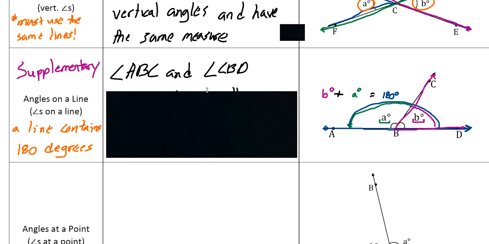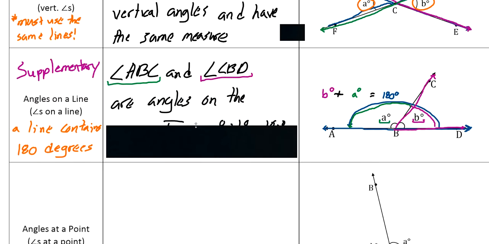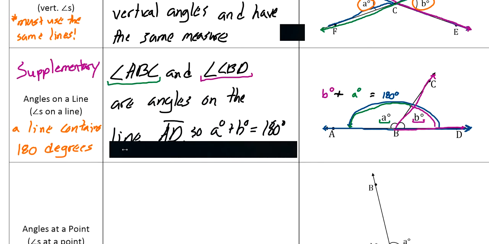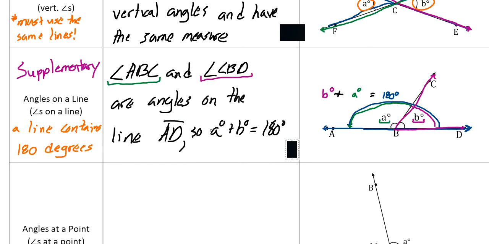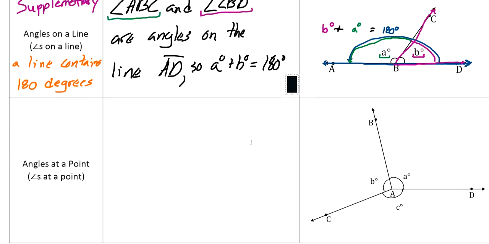As I wrote down right there, angle ABC and CBD are angles on the line AD. So A degrees plus B degrees equals 180 degrees.